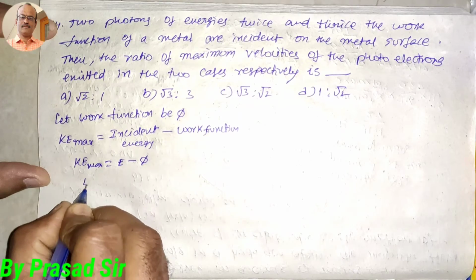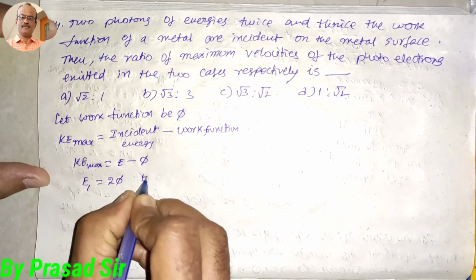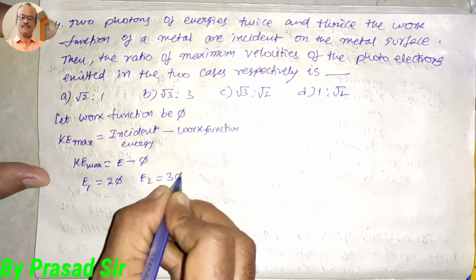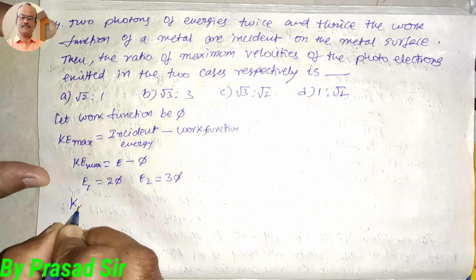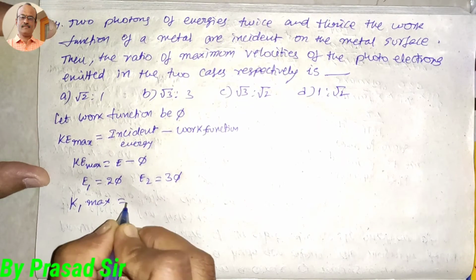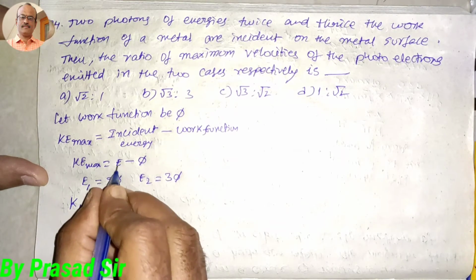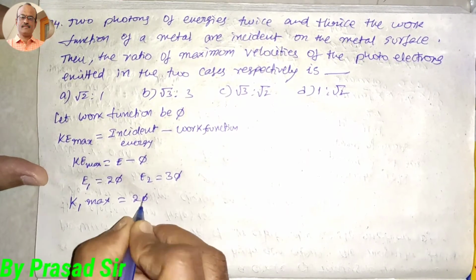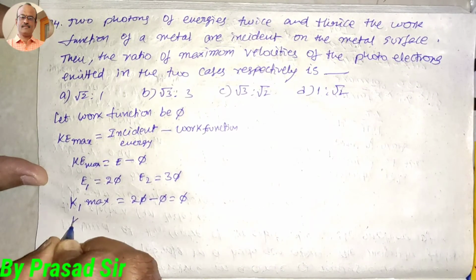So first I will take E1 for the first photon, that is 2 phi, and E2 is equal to 3 phi. Here the maximum kinetic energy K1 max is E minus phi, that is 2 phi minus phi, equal to phi.